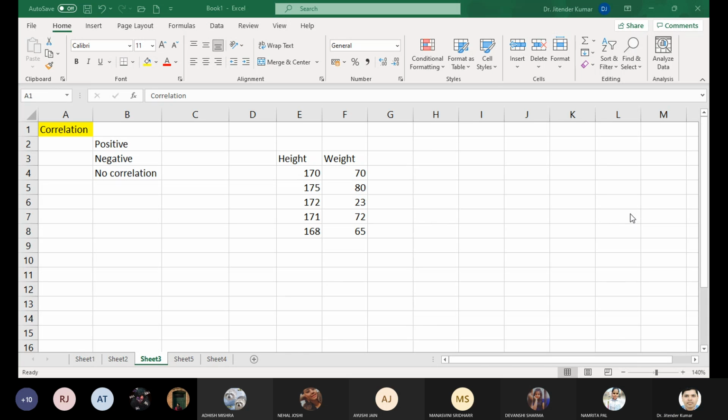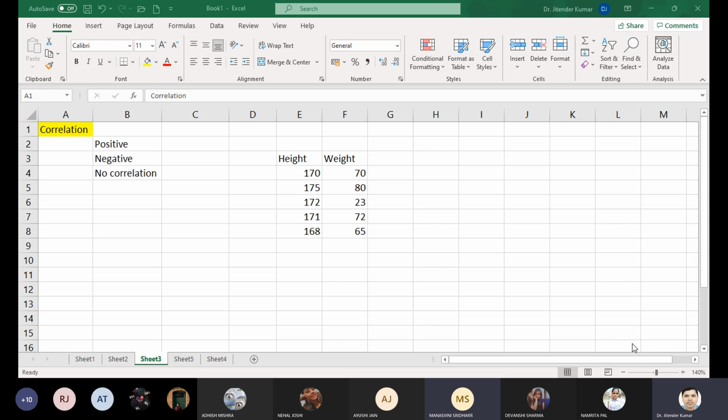Manaswini. Yes, sir. So, what do you understand with correlation? Sir, I think it's the relationship between two or more variables. If there is some kind of change in one variable, then the effect that change has on the other variable can be termed as the correlation between them.